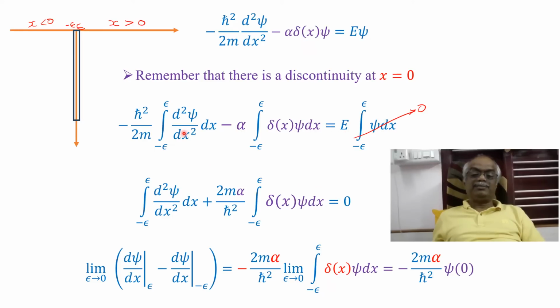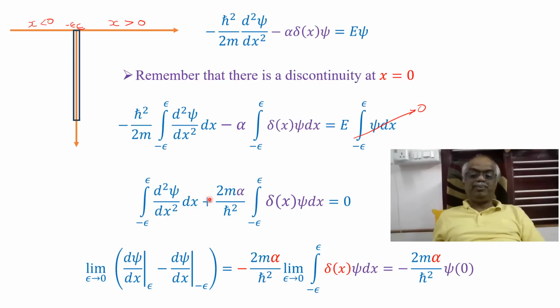Now I will get these first two terms, that is h cross squared over 2m. Now you multiply this by minus 2m over h cross squared. So the first term you will get 1 here. Here you are multiplying by 2m over h cross squared, so there is a minus 2m over h cross squared.